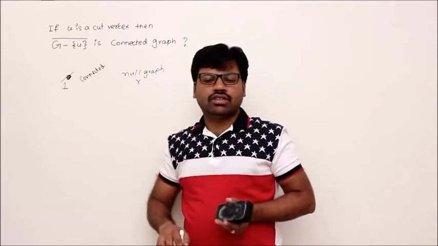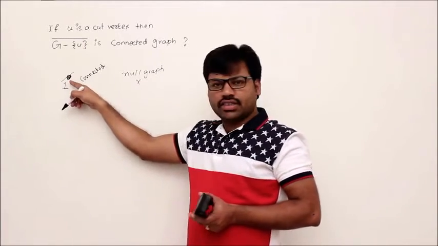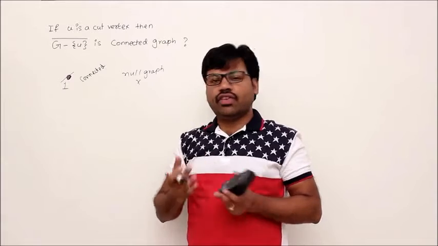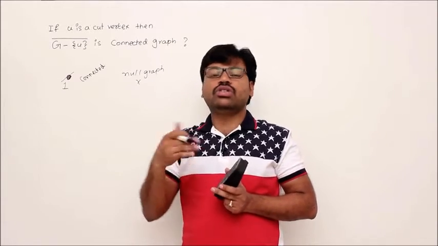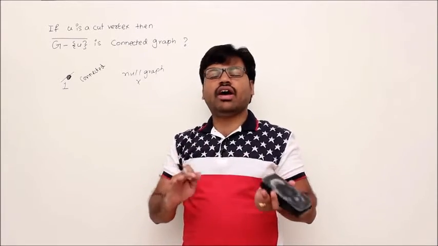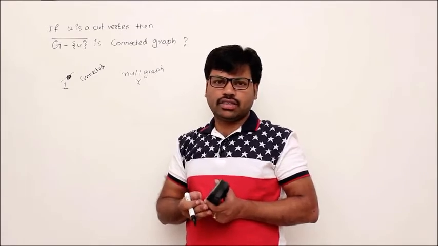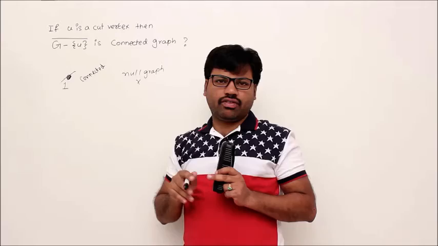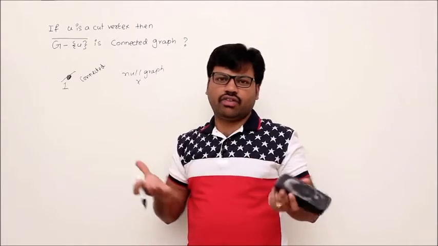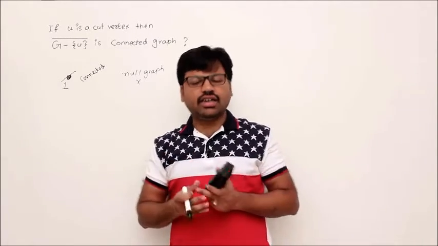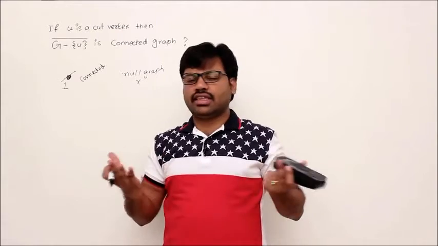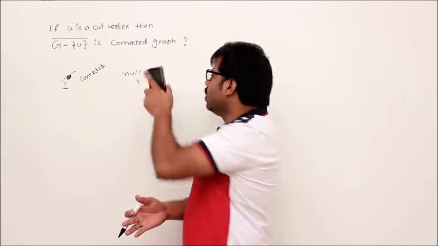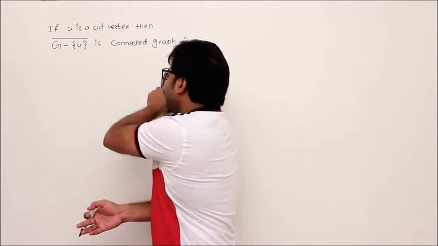So what is the definition of a cut vertex? Its removal either disconnects the connected graph or increases the number of connected components. Nothing is happening, because when you remove it you end up with a null graph, and a null graph is not a graph for discussing whether it is connected or not. Second, we are not increasing the connected components. That's why a single vertex is not a cut vertex.